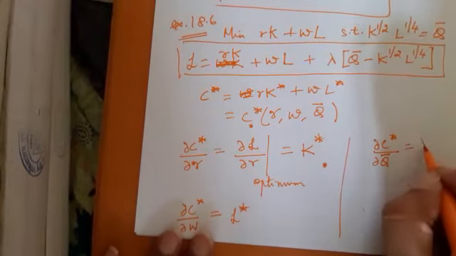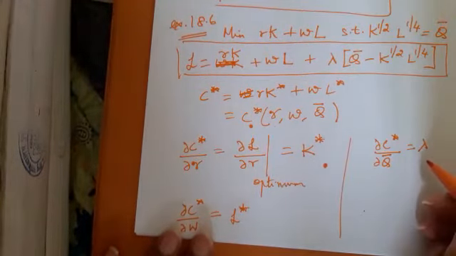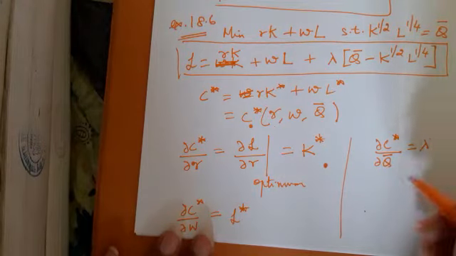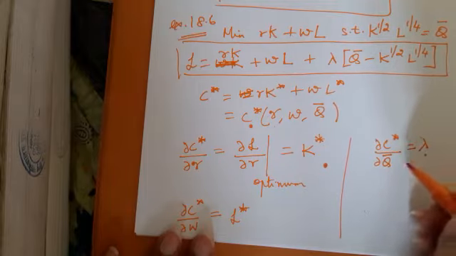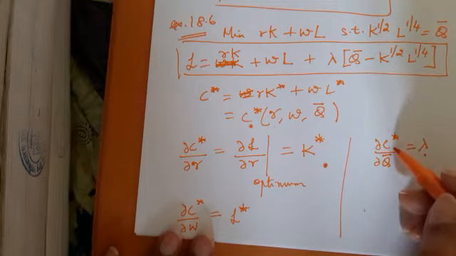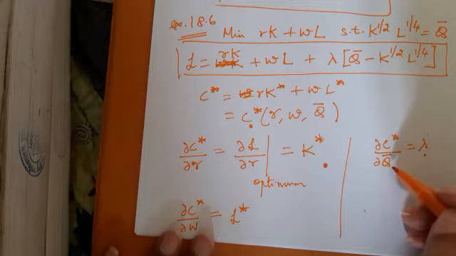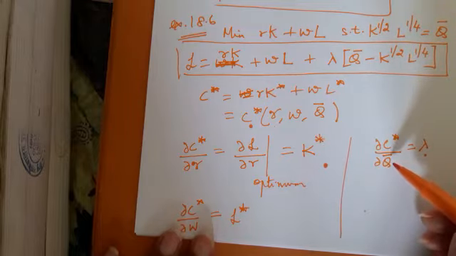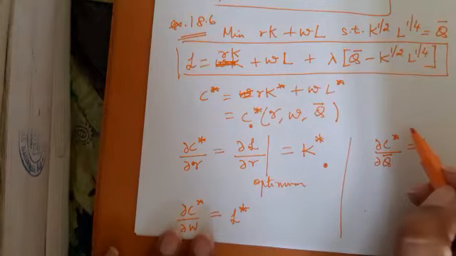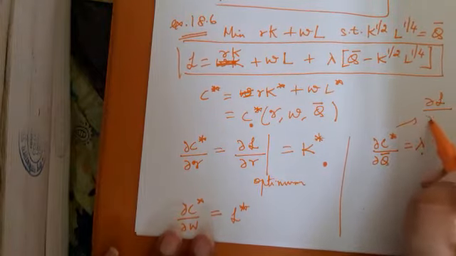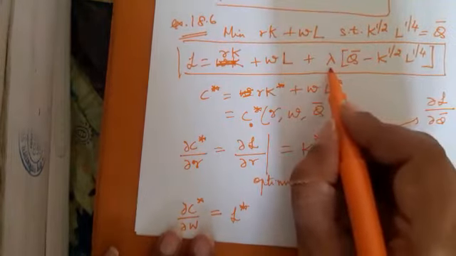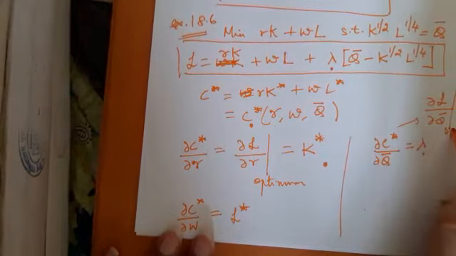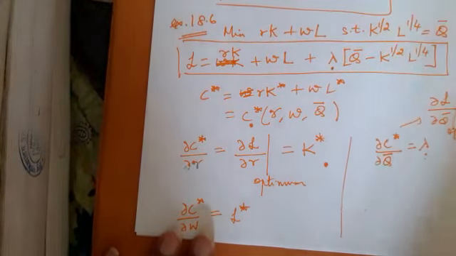That's going to be nothing but lambda, and that's exactly what we had talked about in the lecture on the interpretation of the Lagrange multiplier: the Lagrange multiplier is nothing but the derivative of the optimal value function with respect to the constraint constant. Partial C star by partial Q bar is the partial of the Lagrangian with respect to Q bar, which is lambda, evaluated at the optimum.